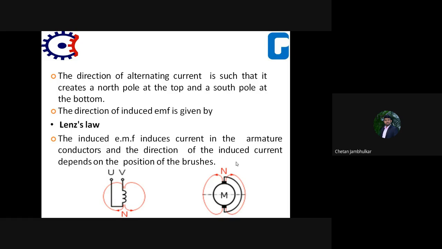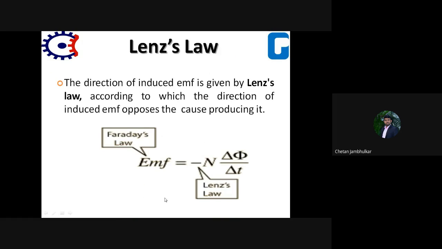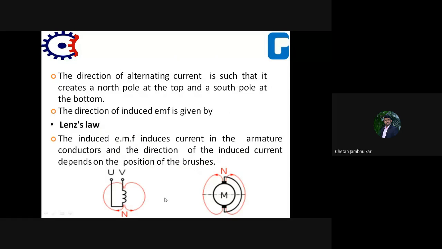So you see that if U and V are the terminals of the inductor, then an electromagnetic field is produced. This field is produced in the direction from the north side. So current always flows from north to south, and the direction is also from north to south.